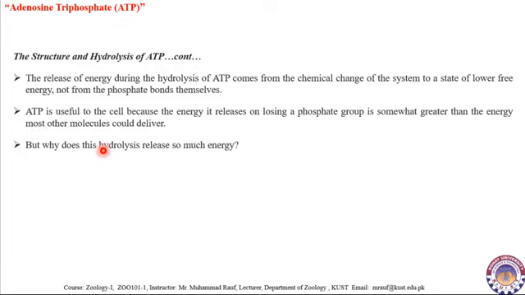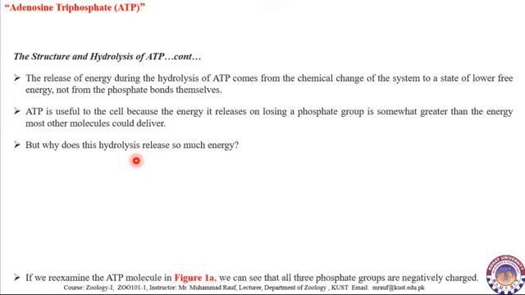But why does this hydrolysis release so much energy? So now the question arises that ATP carries energy and it can deliver energy when it splits, but where does this energy come from, and why does this process of hydrolysis release so much energy?